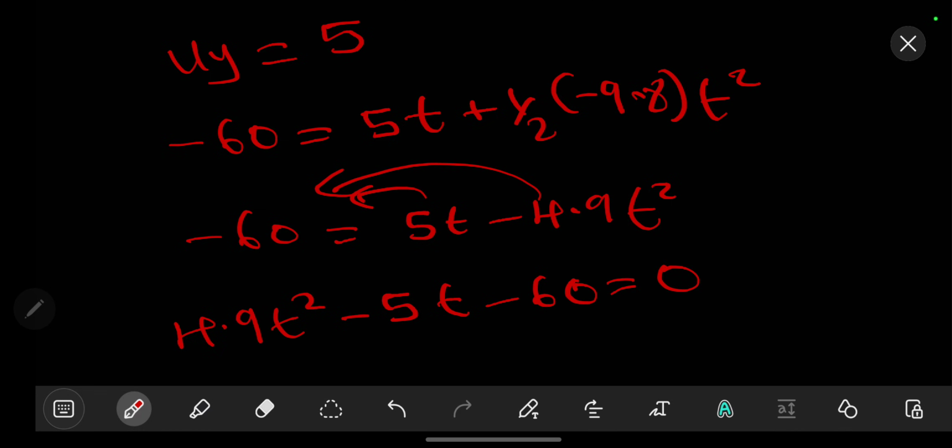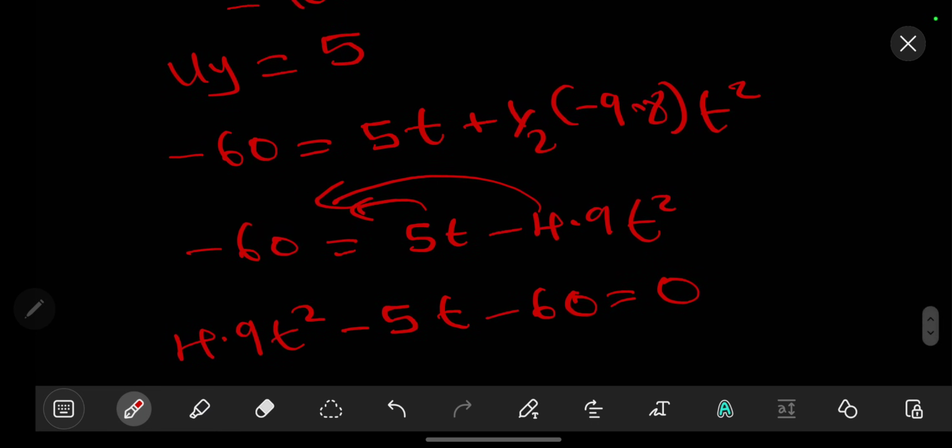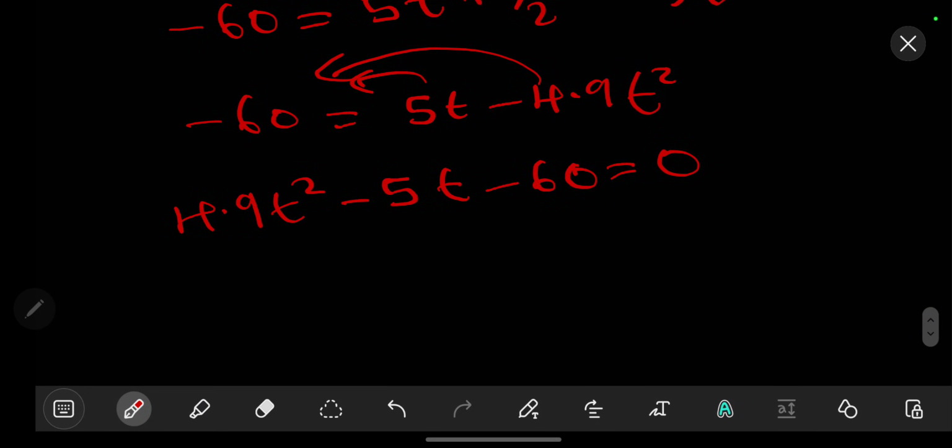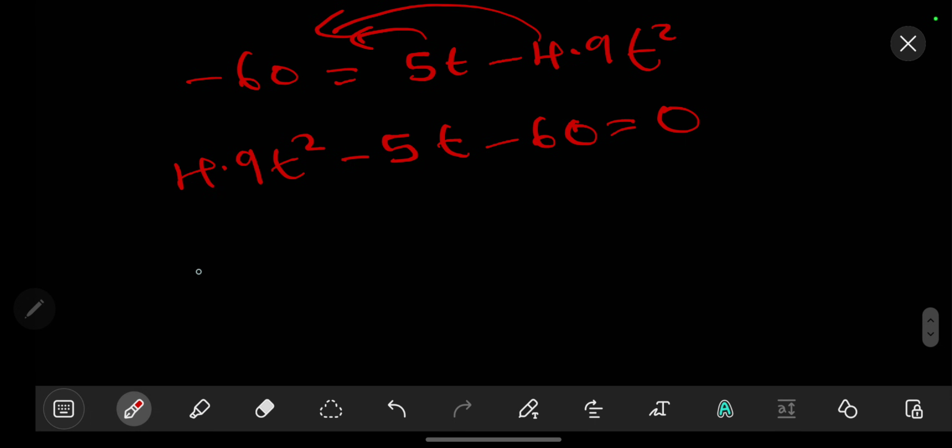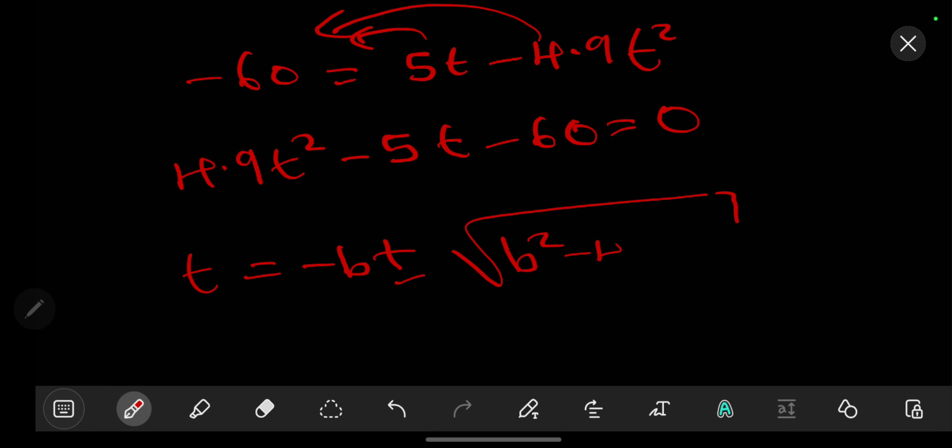So from here we are going now to solve using t should be equal to negative b plus or minus the square root of b squared minus 4ac, over 2a like that.